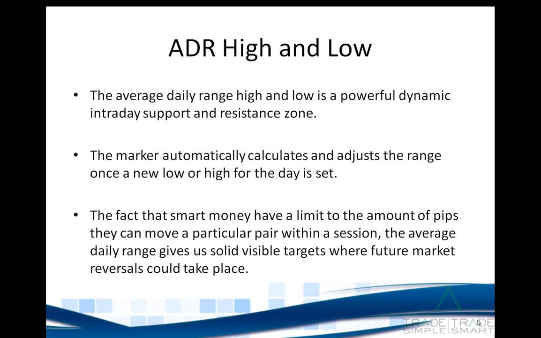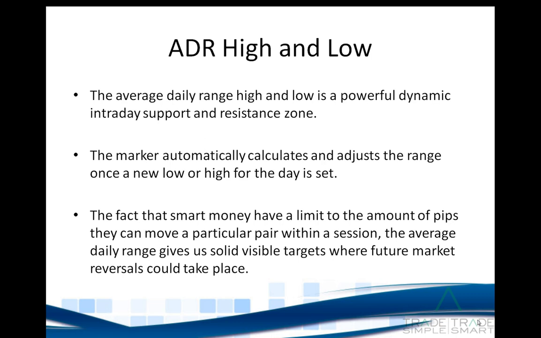Now, in terms of the average daily range, it's simply a measurement of the high to low or the low to high range, generally over a 14-day period, and they simply calculate an average. In 9 out of 10 charting packages, the average daily range is generally represented in some kind of oscillator form.